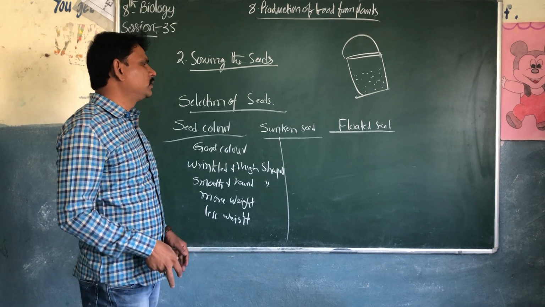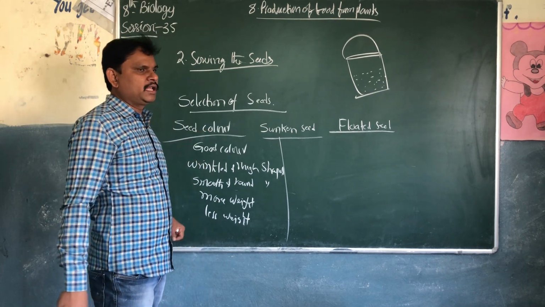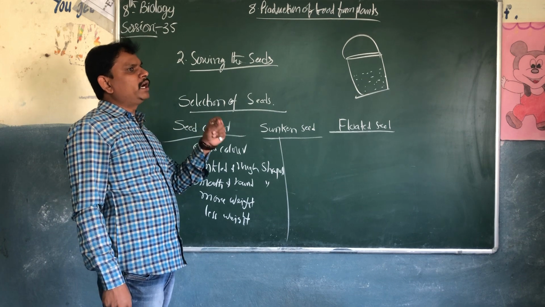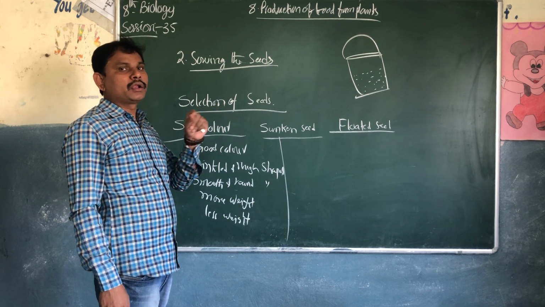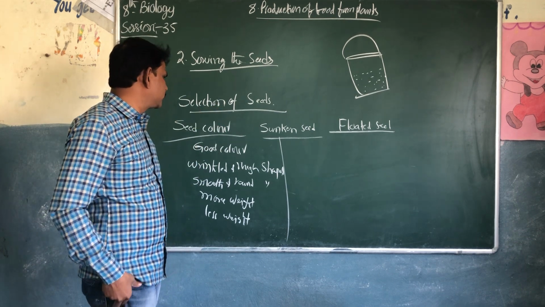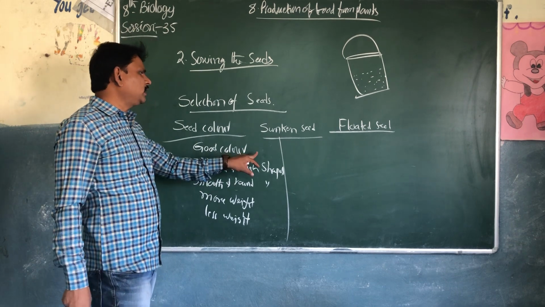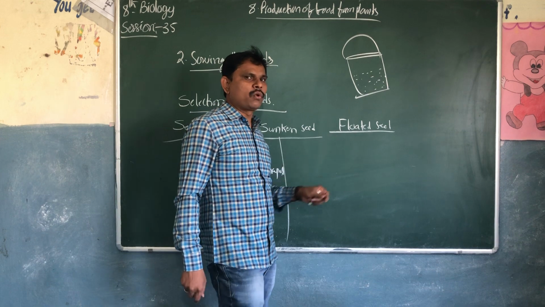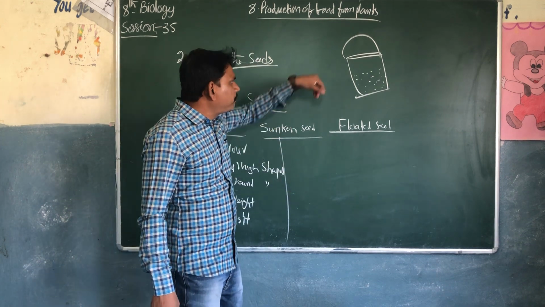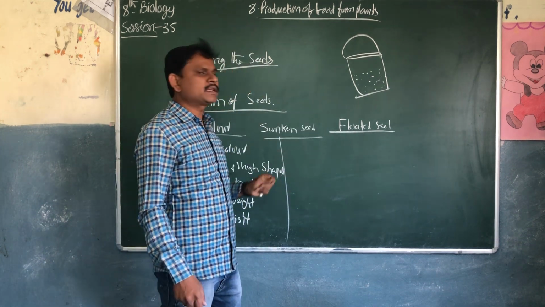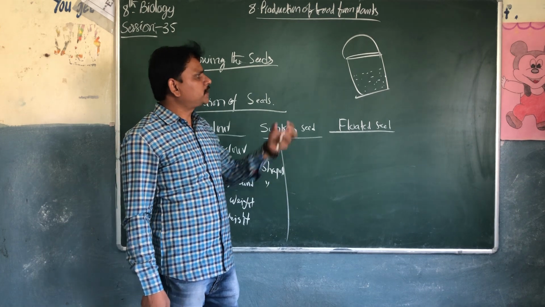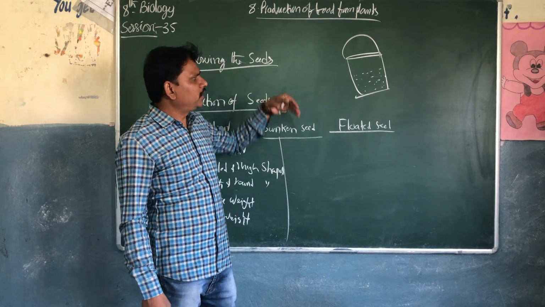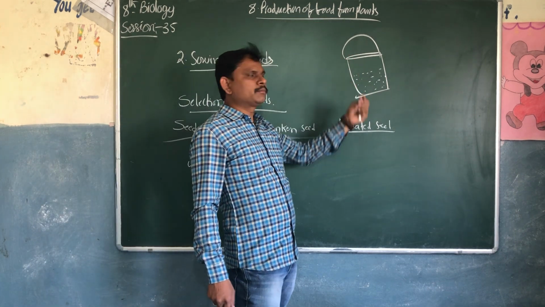Now we are going to differentiate how we know the quality of seeds. What is sunken and what is floated? The one dipped into the water is called a sunken seed. It should be submerged, going down in the water.